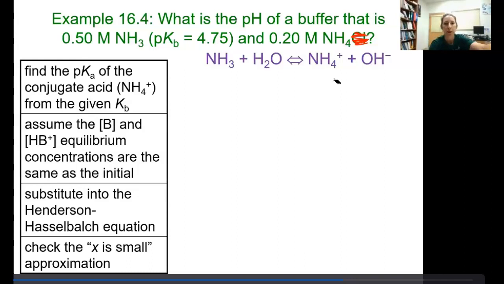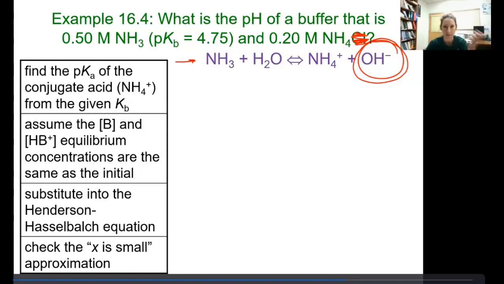Again, this equation is very important, because the most common mistake here is people don't know if their X's are H's or OH's. But when you write this equation, it's going to tell you your X is an OH, you have a base.